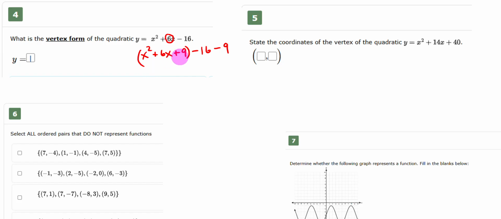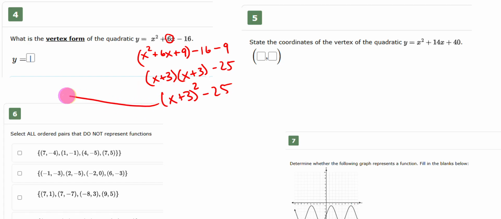So this is going to come out to what multiplies to 9 and adds to 6. X plus 3. I'm taking more steps than we need to. Minus 25. So this would be x plus 3 squared minus 25. There's your vertex form. That's what goes in there.